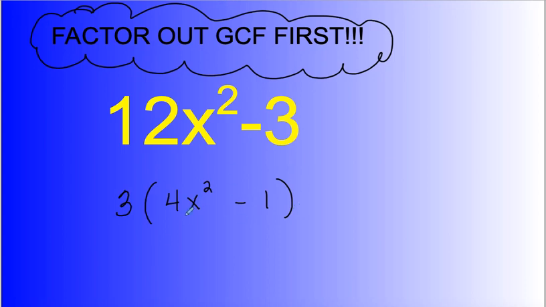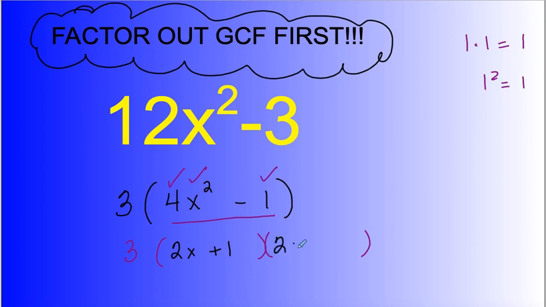Then we look to see if this is a special pattern because it's 2 terms. 4 is a perfect square, x squared is a perfect square, and yes, 1 is a perfect square because 1 times 1 is 1. 1 squared equals 1. All right, so we're going to keep that 3 because that GCF is part of our answer, and then 2x plus 1, 2x minus 1. All right, and that's the difference of squares.